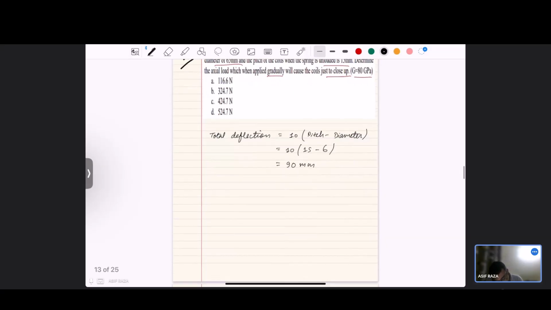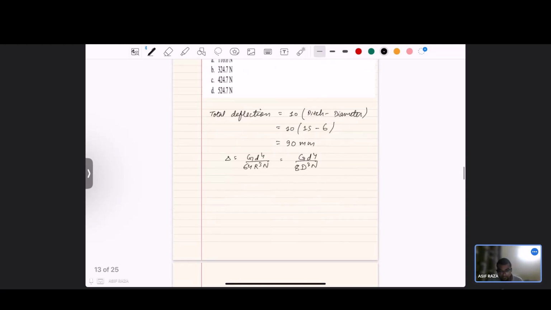Now we know the deflection formula is G d^4 over 64 R cube N, or G d^4 over 8 D cube N. Oh, sorry, this is for the stiffness. Okay, I get confused quite some time.